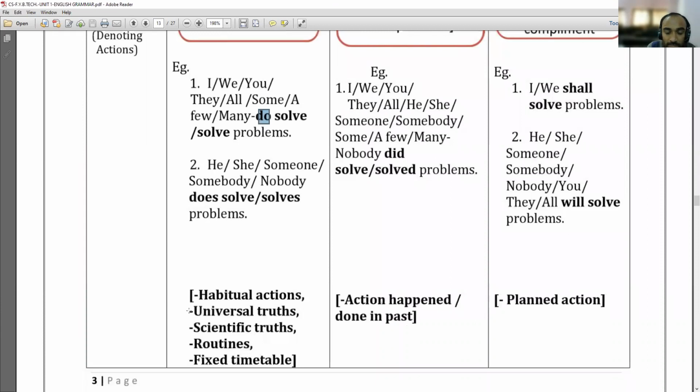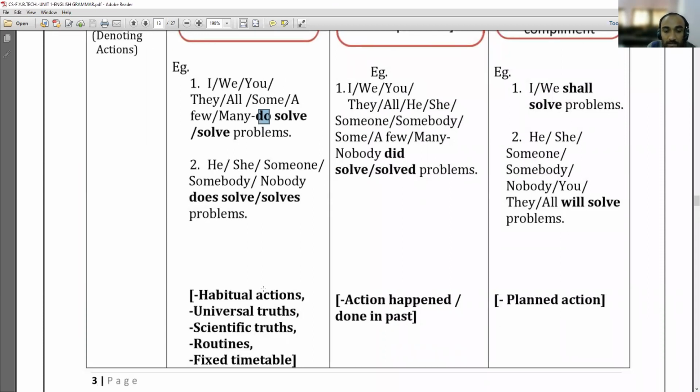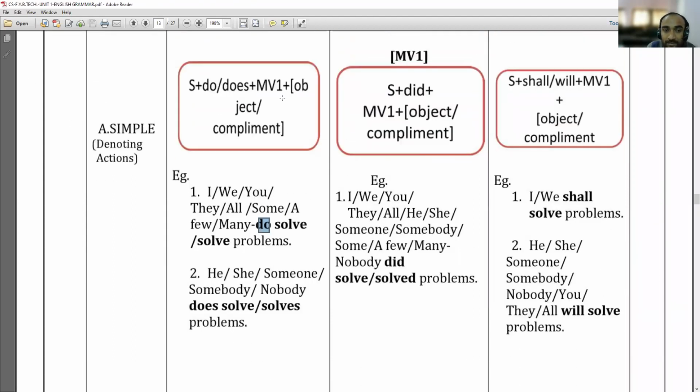Let's see what's at the last of this chart. Yes: habitual actions, universal truths, scientific truths, routines, or fixed timetables. So this sentence structure is subject plus do or does plus main verb 1 plus object or complement.